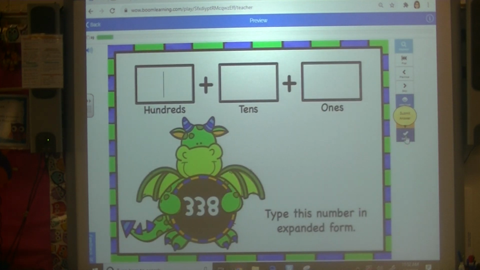And you check it. All right? Read the number. 338. All right, how many hundreds? 3 equals the number 300 plus 3 tens, 30 plus 8 ones, 8.